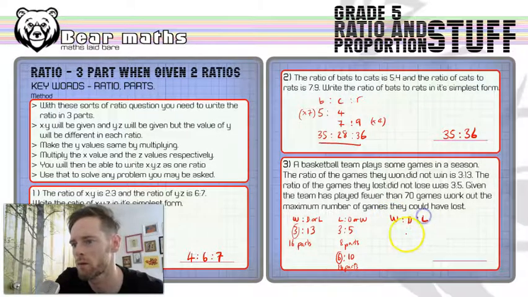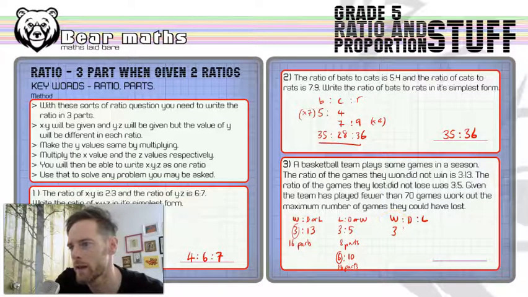Now we can write our 3-part ratio with the 3 options of what a basketball team can do. And yeah, we're going to put 3 there for the win, nothing there for the draw at the moment, and 6 there for the loss, right? And know that these have to add up to 16. So the total parts, because we made them both equal 16, has to be 16, right?